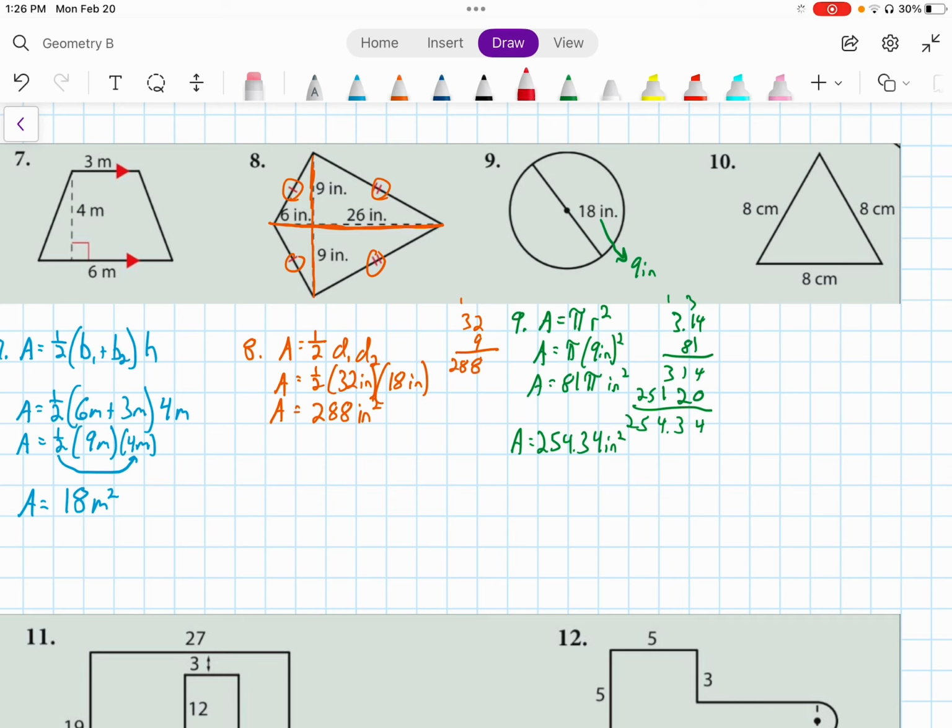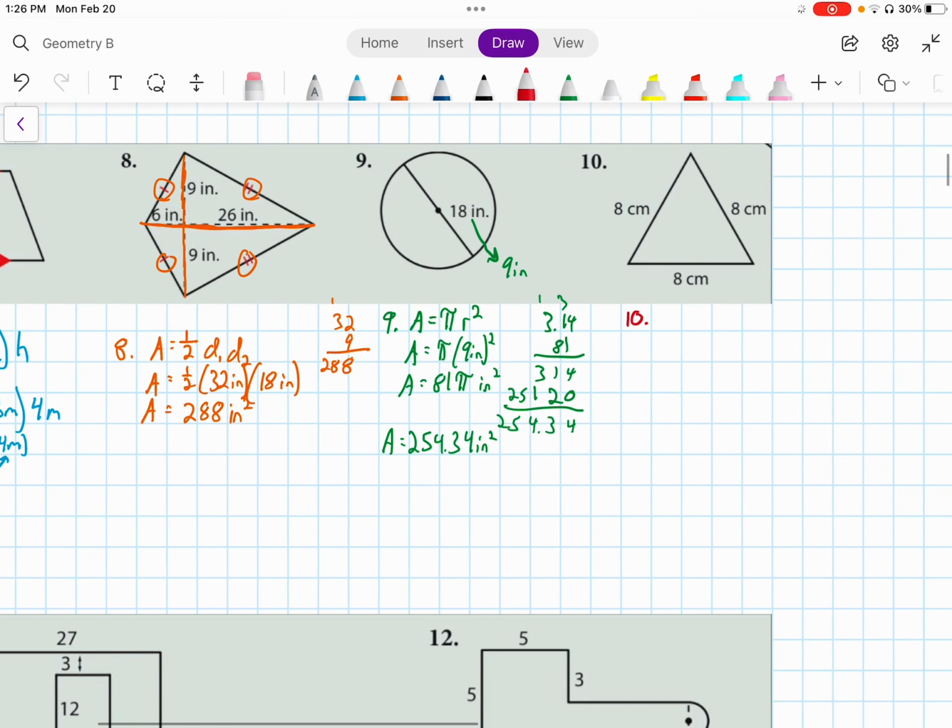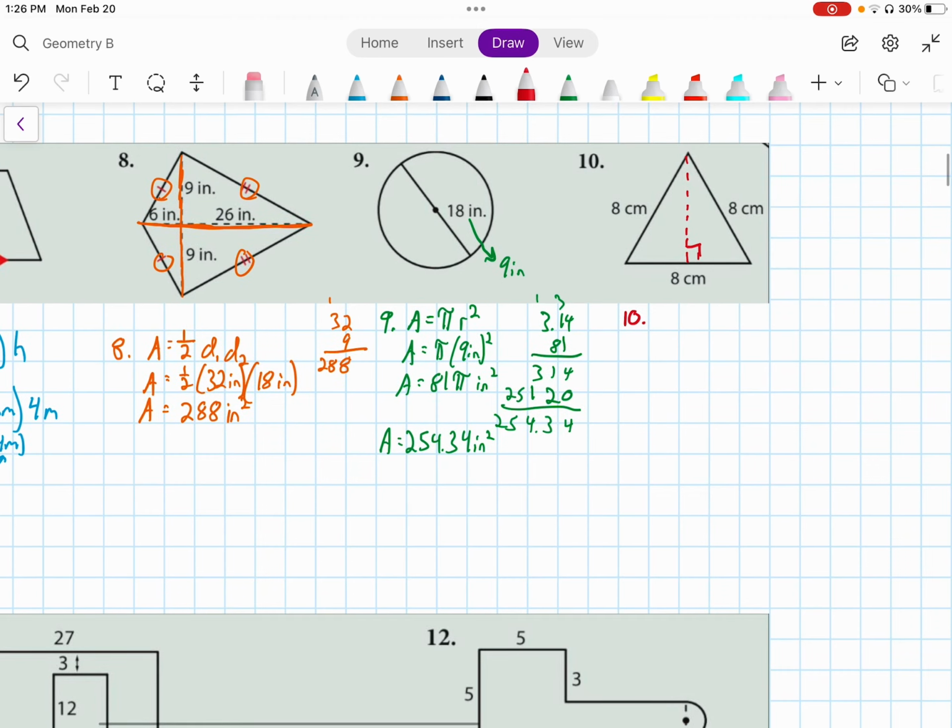And number 10. Number 10, there's a formula for the area of an equilateral triangle, but I honestly don't memorize that one because I think I can just find it pretty quickly. So if we remember, this turns into a 30, 60, 90.